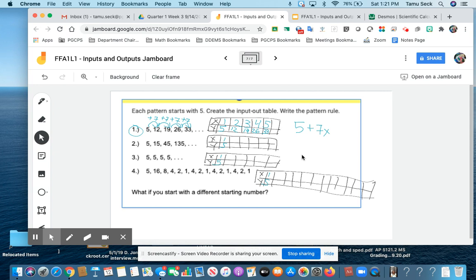Okay, let's do number 2. Number 2 starts with 5, but let's put the table down. There are 4 things in the table. So 5, 15, 45, and 135. Instead of adding 7 each time, this time we're multiplying by 3 each time.